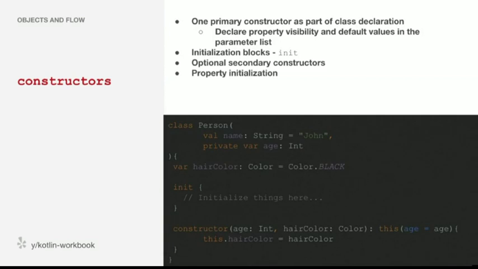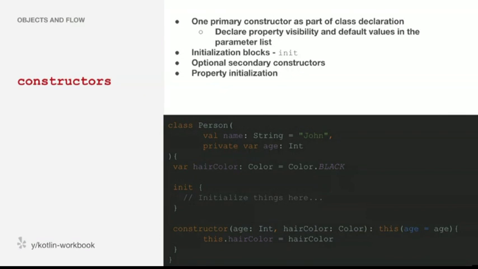Going on to the next: Kotlin allows you to do secondary constructors. This is not like the case in Java where you need to overload your constructors, since we have default values. This just allows you to provide a secondary constructor if you want to be able to pass in different values to instantiate this class. The secondary constructors all have to delegate to the primary constructor and do not actually define any properties in the parameter list.